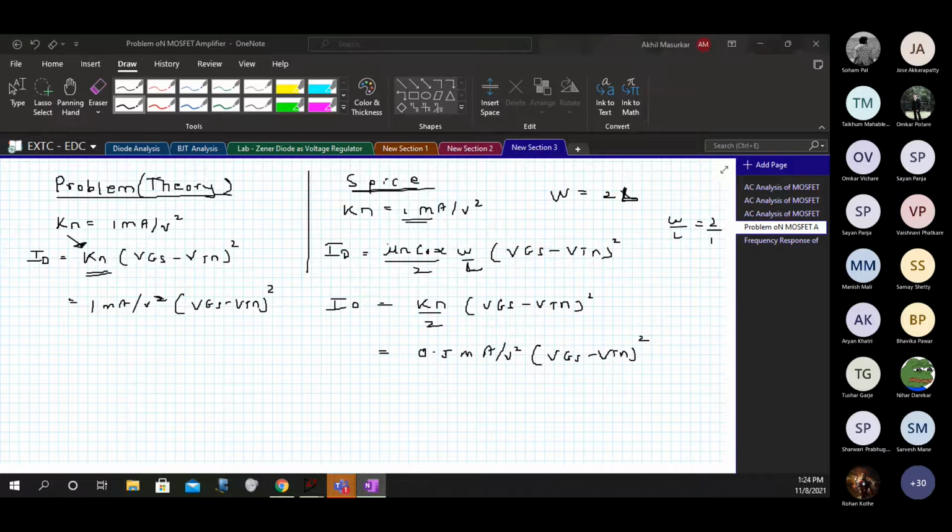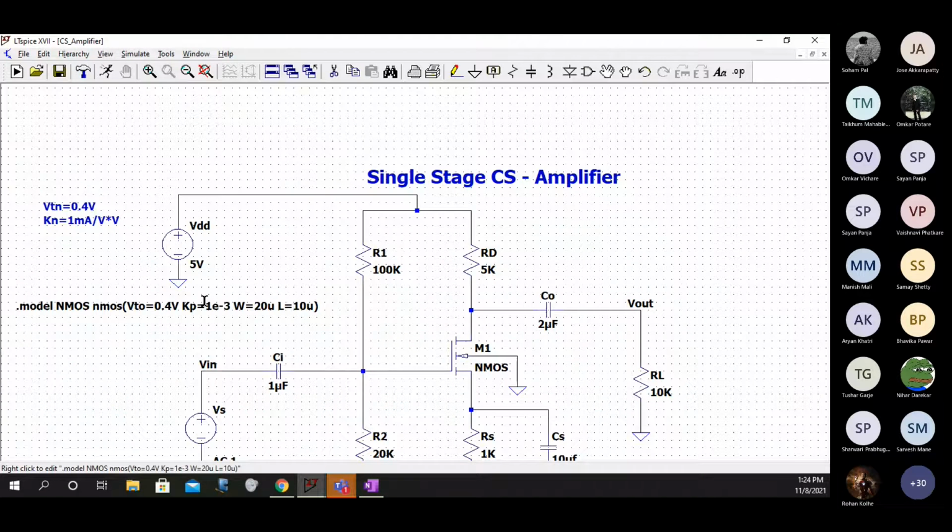So that is the reason why you can see here Kp, whatever value of Kn is given to us, we have written it as it is, but SPICE should take it in a proper way. That is why my width I have kept twice of length. Now somebody may ask me, can I keep 200 microns and L as 100 microns?